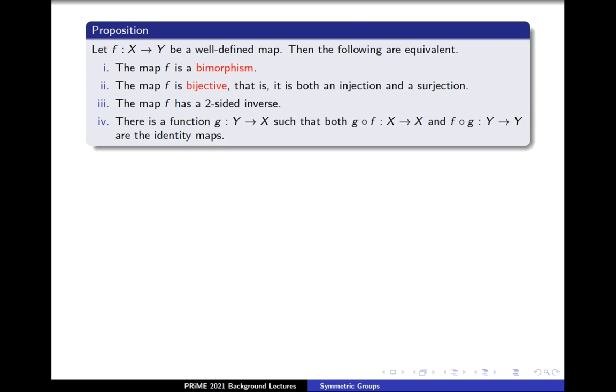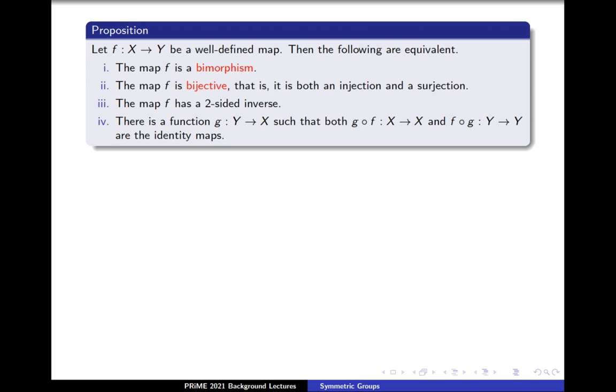Let f from X to Y be a well-defined map. Then the following statements are equivalent. The map f is a bimorphism, or the map f is bijective, that is, it is both an injection and a surjection. This is equivalent to saying that the map f has a two-sided inverse.